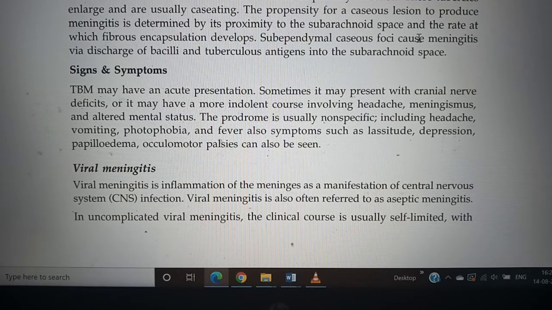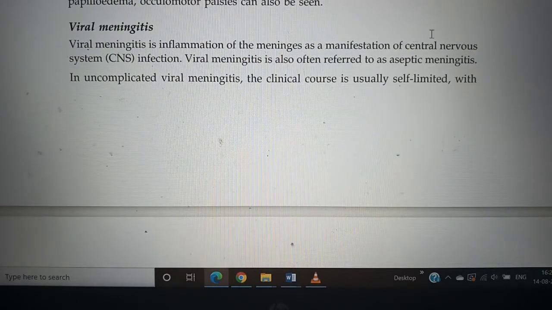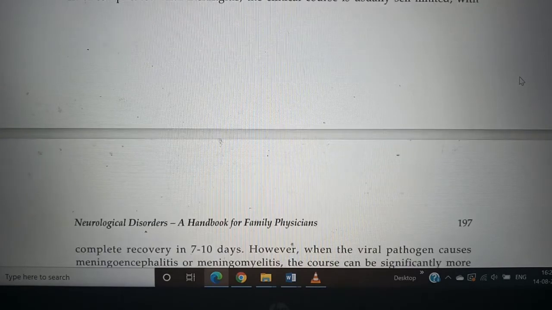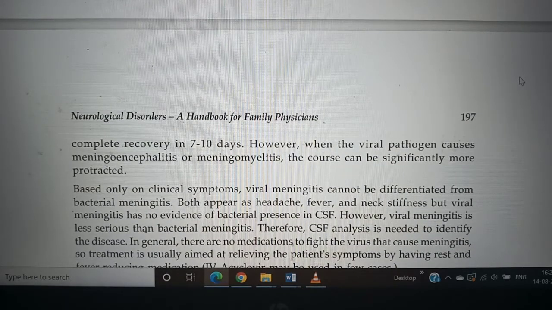Okay, next is viral meningitis, when the meninges get inflamed because of an infection of a viral nature, and this is a self-limiting problem. Self-limiting in the sense that the virus will come and enter the body and start multiplying, and if the body has good immunity, it can be corrected on its own.